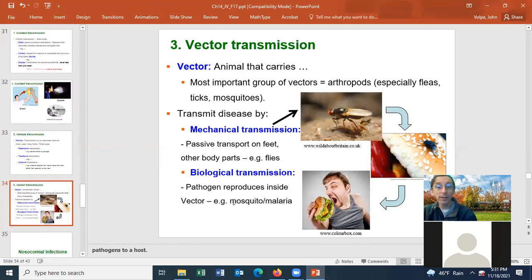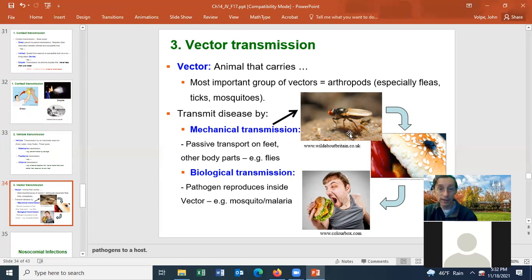A vector transmission is when an animal carries the disease-causing organism from the source to the susceptible individual. The most important group of vectors are the arthropods, especially fleas, ticks, and mosquitoes. The transmission of disease can be a mechanical transmission or a biological transmission.